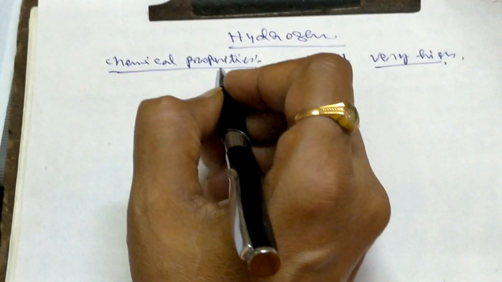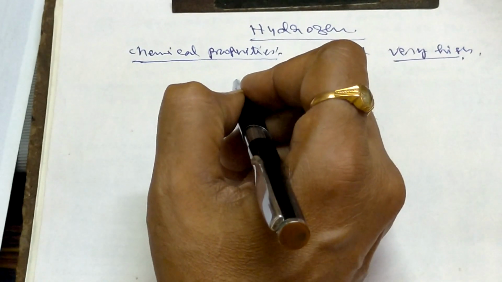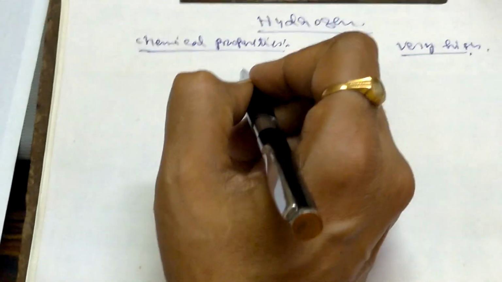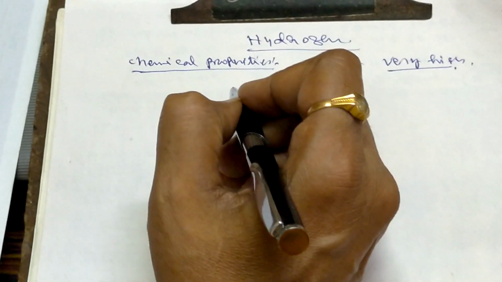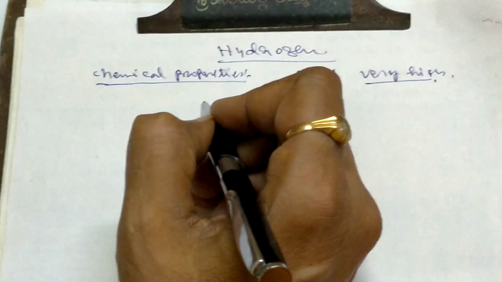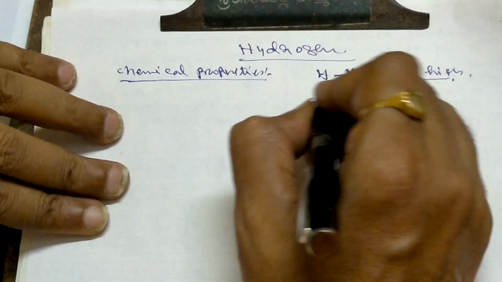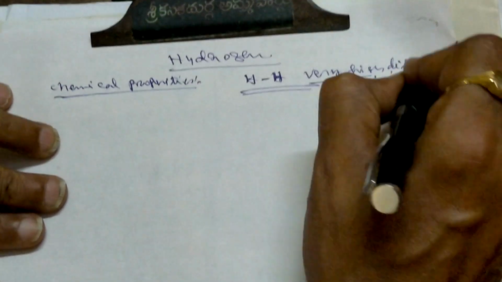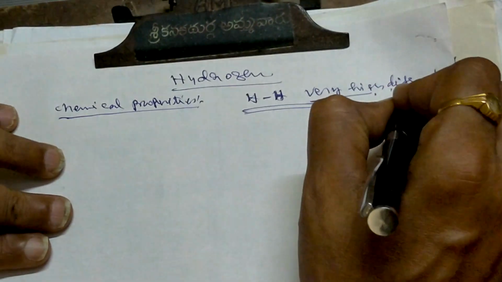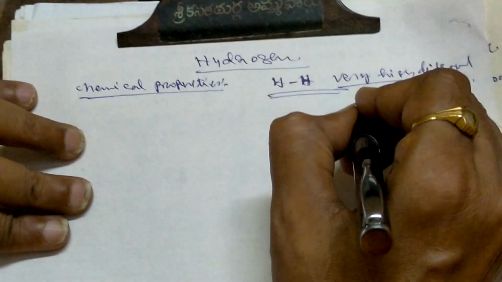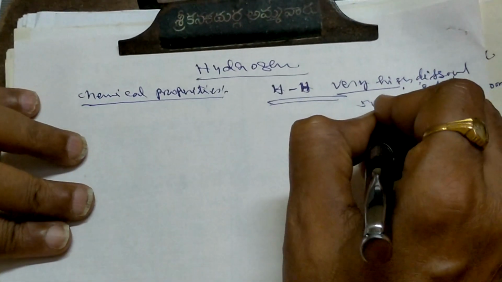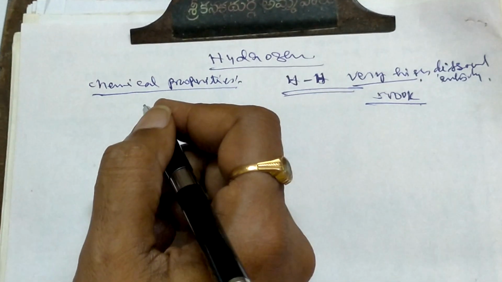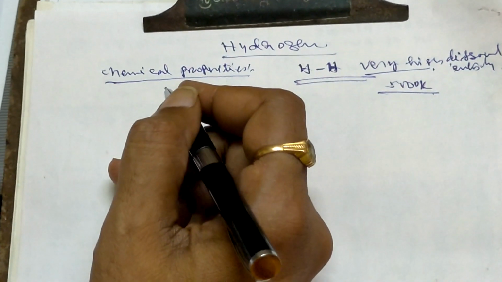It is relatively non-reactive at room temperature, after helium and others. That is the indication of the very high dissociation enthalpy. At 5000 degrees Kelvin only it is dissociating, so very useful things will be there because of this.